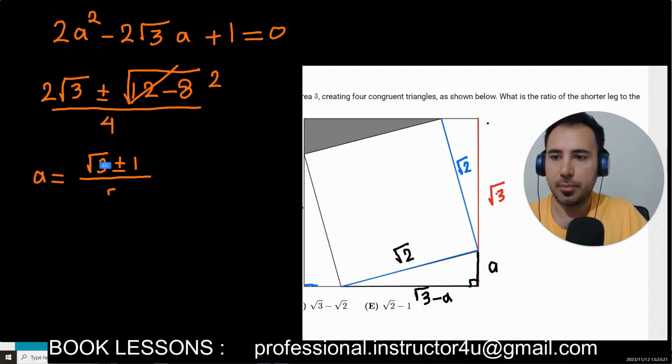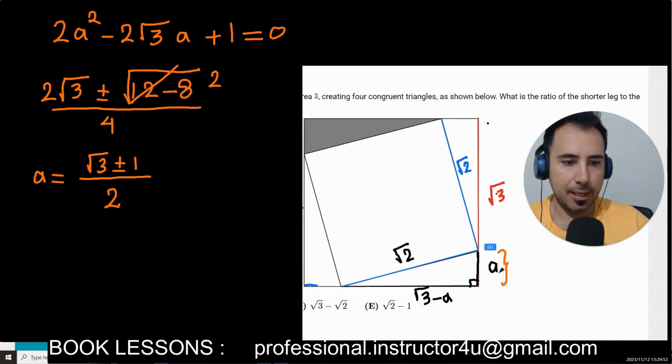Now the question we need to ask ourselves is which is possible for this to be true. We just want the value of A. Will it be the positive one or the negative one? Because we selected A as the smaller part, I'm going to continue with the negative one.